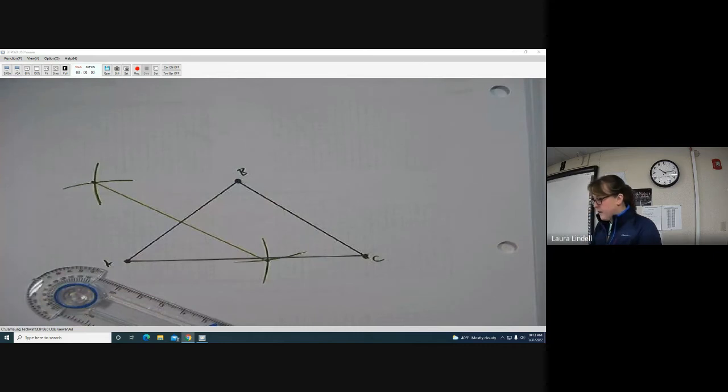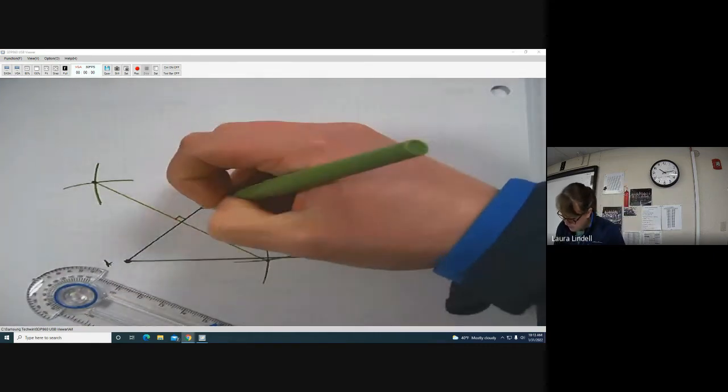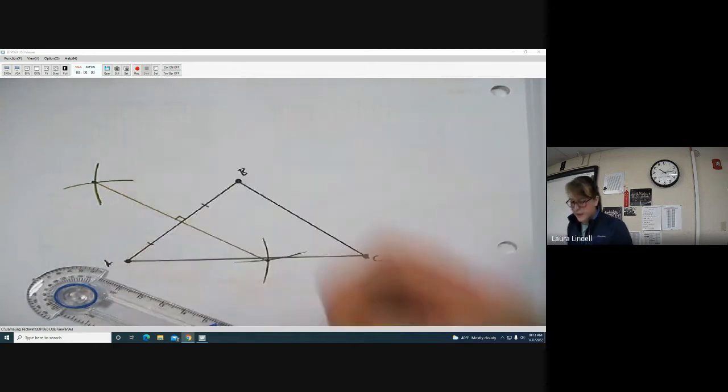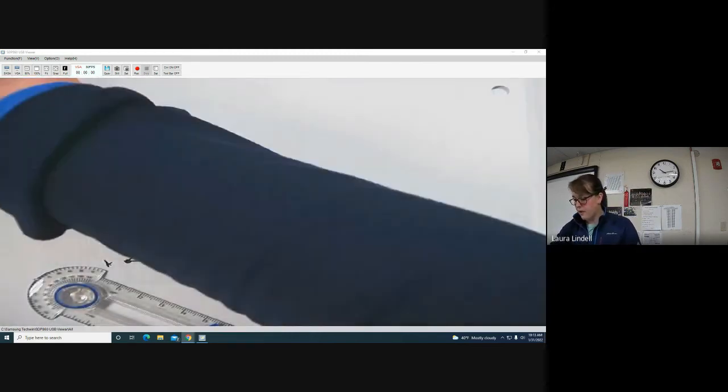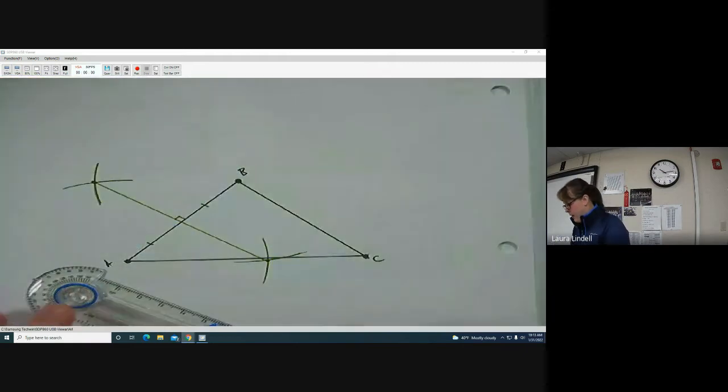Okay, great. So there's one of our perpendicular bisectors. It's perpendicular, and it cuts that segment into 2 equal pieces. Cool. We're going to do that with all 3 of these segments. So I'm going to do that now with AC.